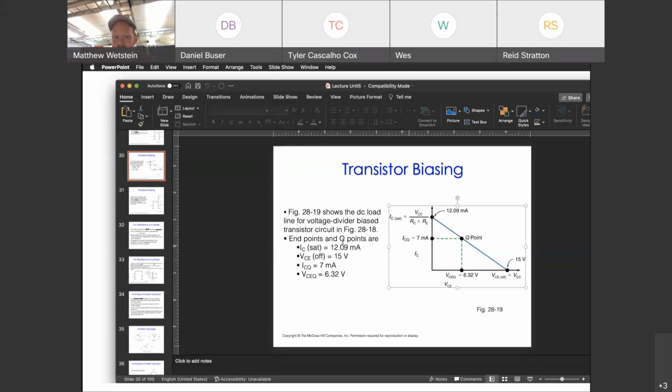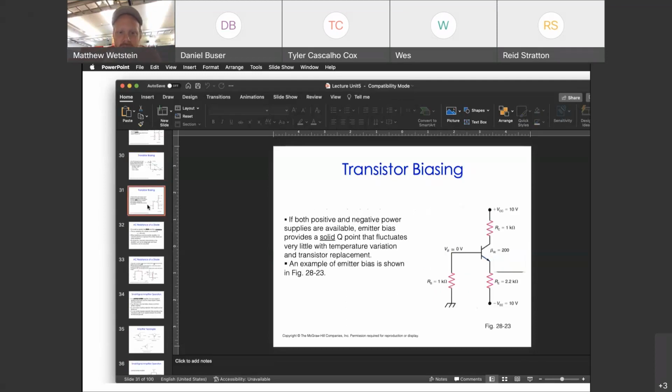So what we usually want to do is adjust the steady state operation of the transistor, the Q point, to be somewhere between these two ends. Something approximating the middle is good enough. If I don't specify, and you get anywhere kind of in the middle of this, you're in okay shape.